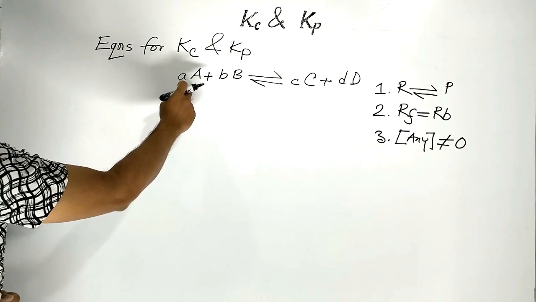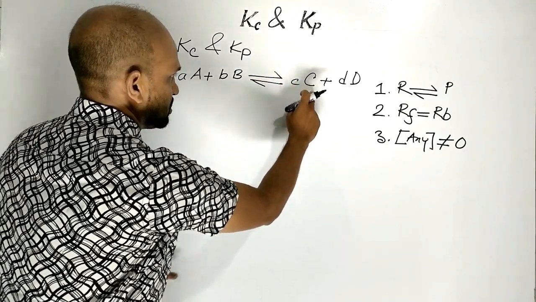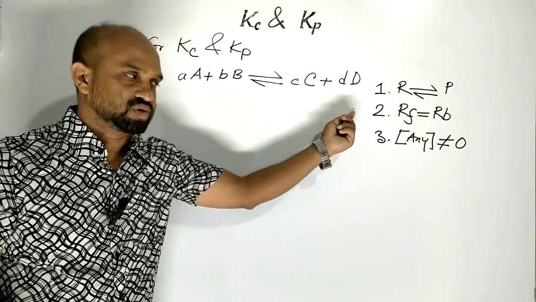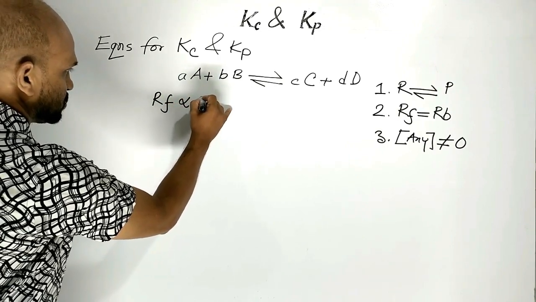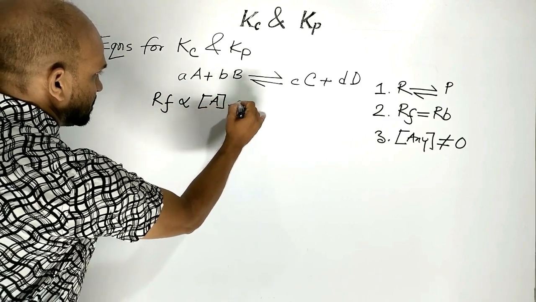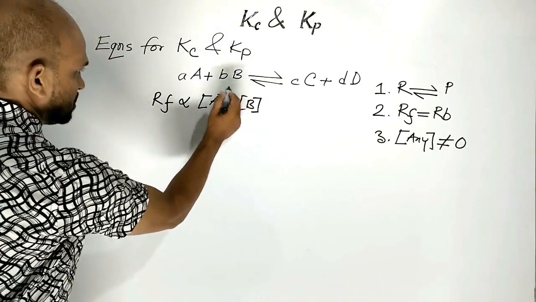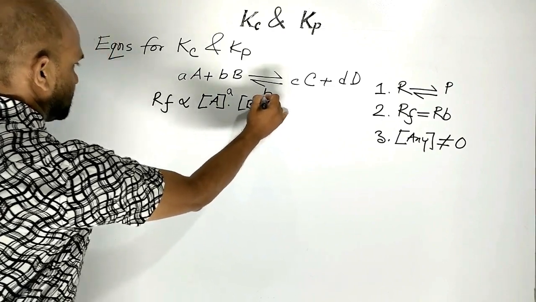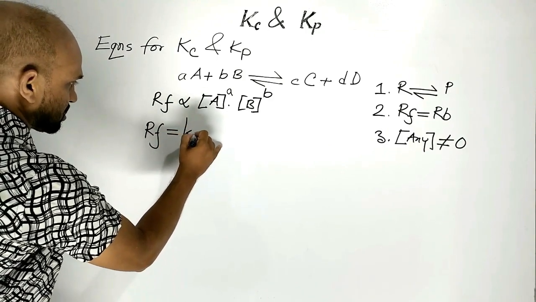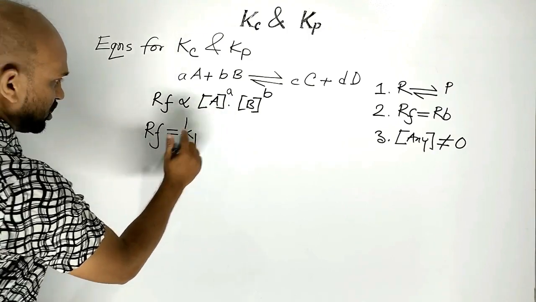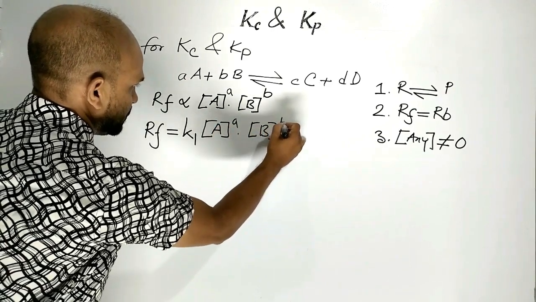Here, a moles of A react with b moles of B. Then c moles of C and d moles of D are formed, in which rate of forward reaction is proportional to the concentration of A and concentration of B. Coefficient a will be the power of A, and coefficient b will be the power of B. Then rate of forward reaction is equal to a constant term, suppose K1, times concentration of A to the power a, concentration of B to the power b.